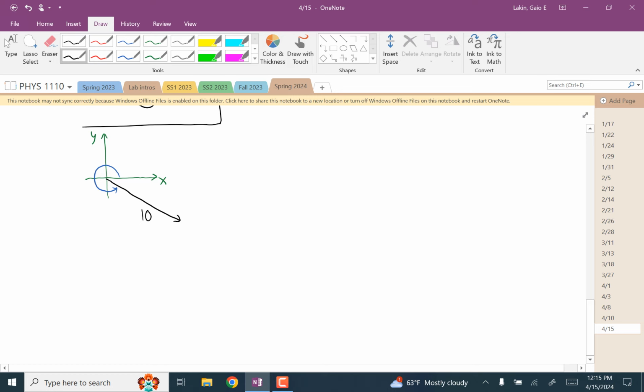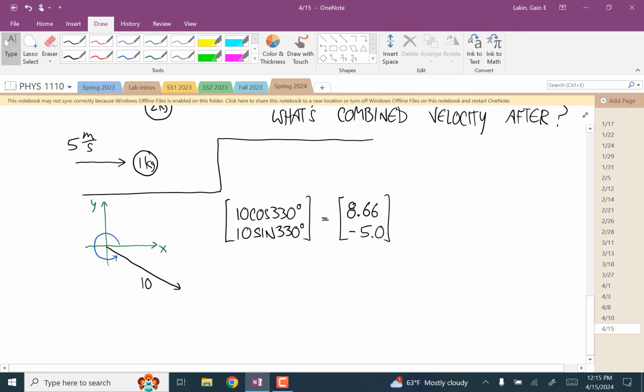So this velocity is equal to 10 times the cosine of 330, 10 times the sine of 330, and that is 8.66, negative 5.0. The other one is just moving in the positive x direction, so that's just going to be 5, 0.